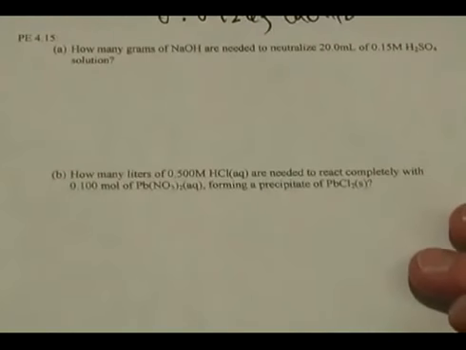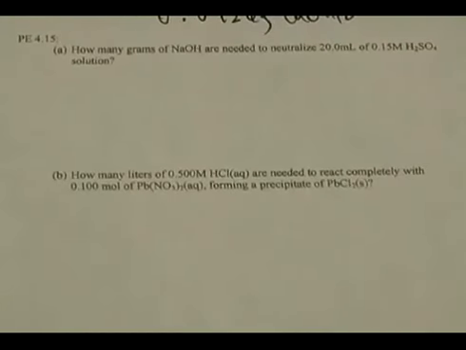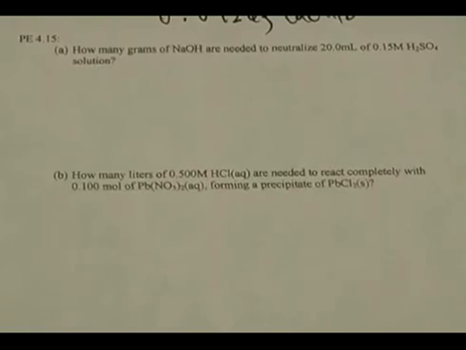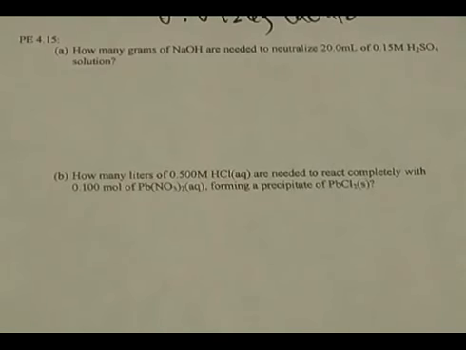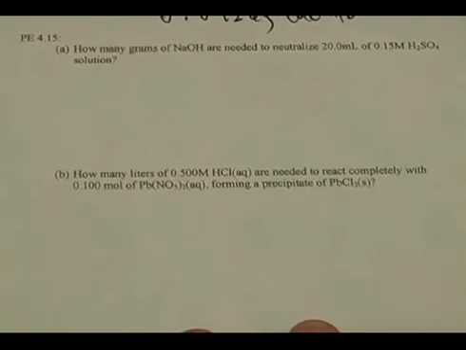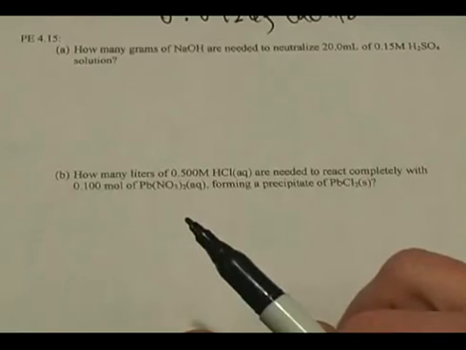Practice exercise 14.15. How many grams of NaOH are needed to neutralize 20 milliliters of 0.15 molar H2SO4? To do this problem, it is good to first of all write the balanced chemical equation.